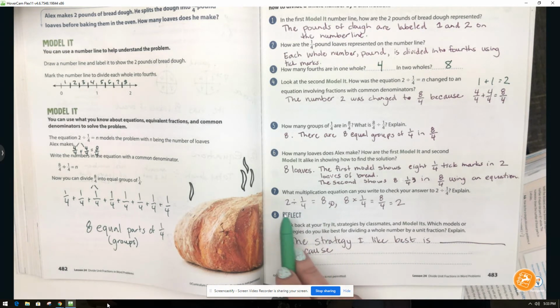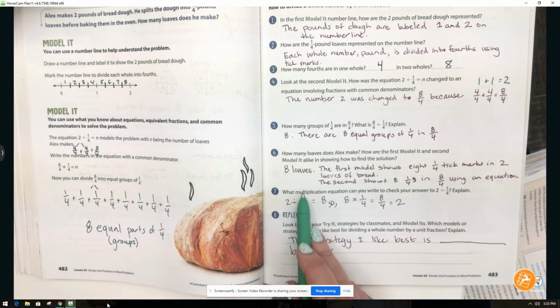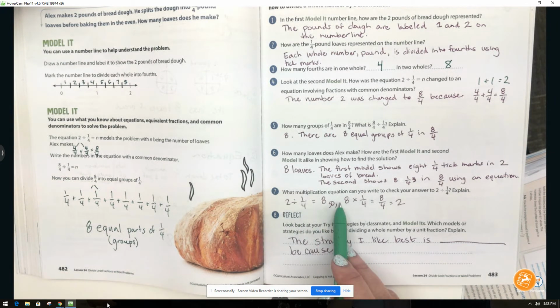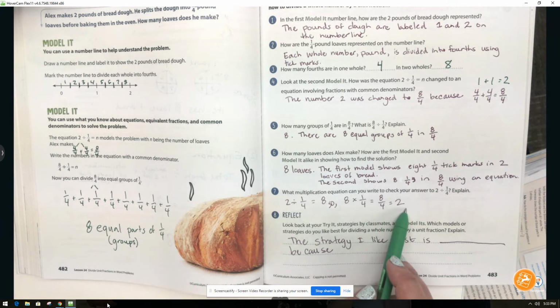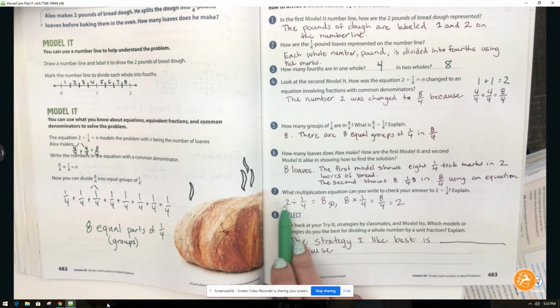So remember, this is the whole, this is a part, and this is a part. Whenever you're multiplying, you multiply a part times a part to get to the whole number. So we know that a part, which is 8, multiplied by the other part, 1/4, gives us 8/4, which is equal to 2, which is equal to the whole.